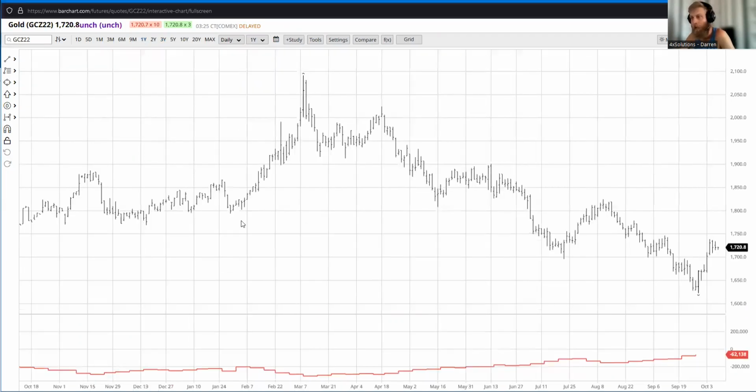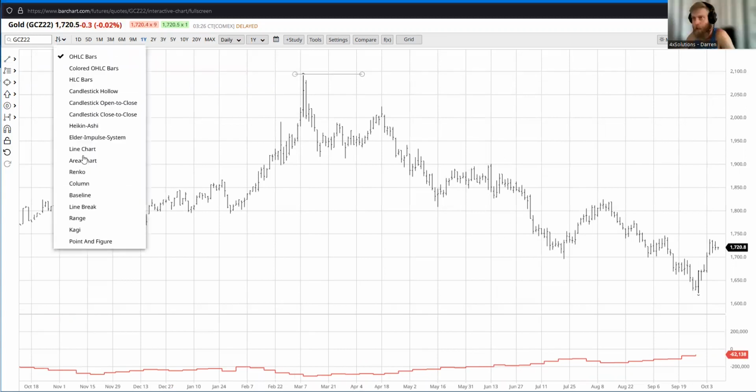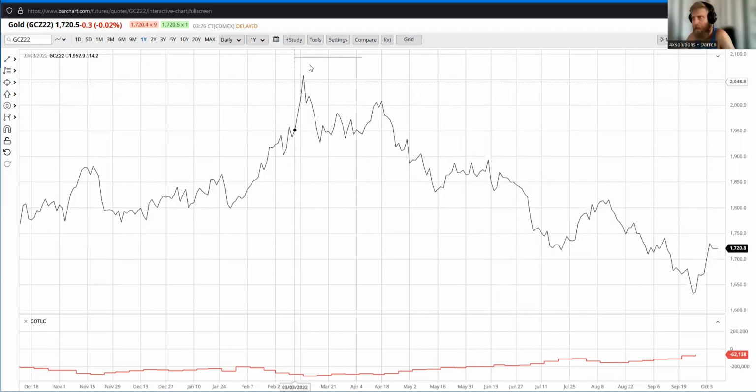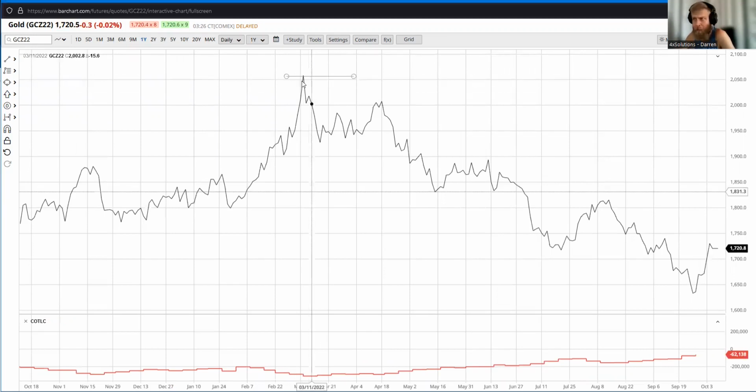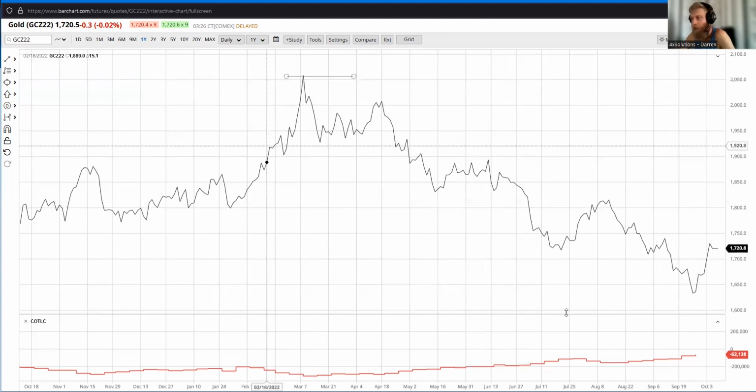So if you remember, this was the $2,089 peak high that formed on gold, right? Yes. Okay, so we can just put a line chart on here because we don't really care so much about candlesticks. But over here, when price was going up, what was happening to the COT data?